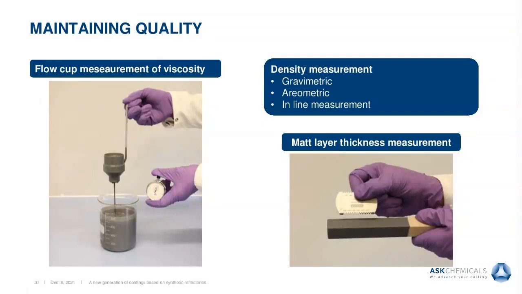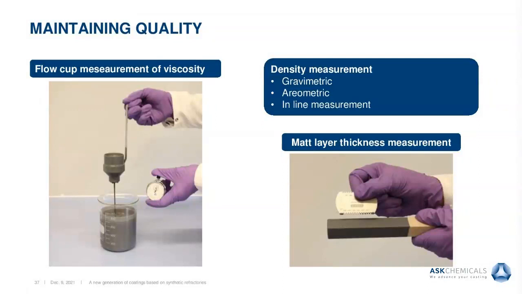For instance, a Brookfield viscometer or another rheometer, so that you can determine the viscosity. The density is only a function of the refractory which you have inside. We have seen that from the mileage perspective. If you have a silicon base coating, they have a very high density of around 2. If you have an aluminum silicate coating, the density may be around 1.5 or even 1.2.